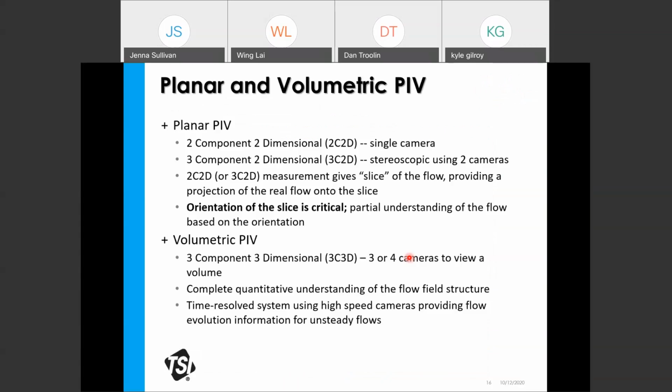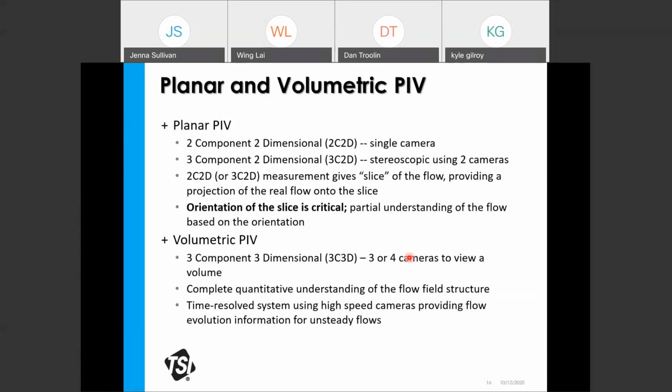So we've talked about the principle of PIV and the techniques to get the velocity vector fields. Let's take a look at the different types of PIV systems. As I mentioned, the system requires some kind of imaging. These are imaging techniques that require illumination to be provided to the system.